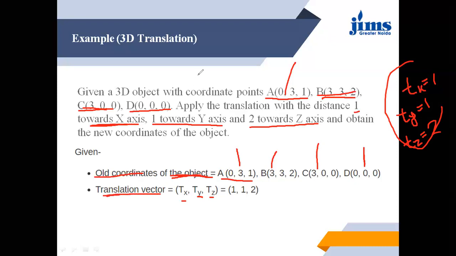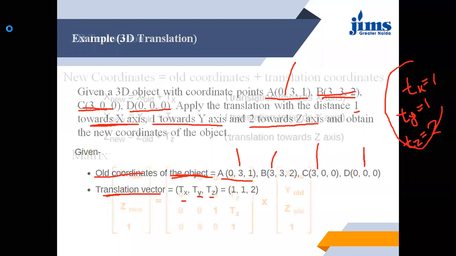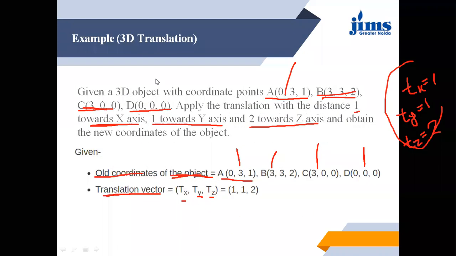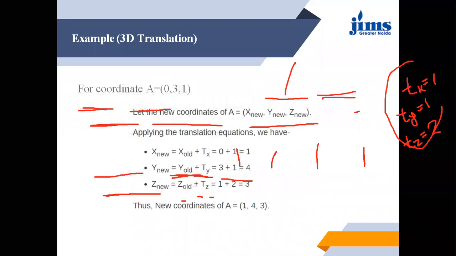Now we have to apply the formula that we discussed in the last slide, that is the addition of tx to the old x, ty to the old y, and tz to the old z. So the new values are based on these equations.